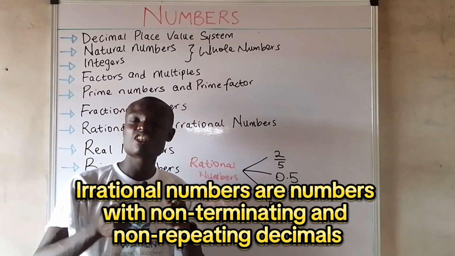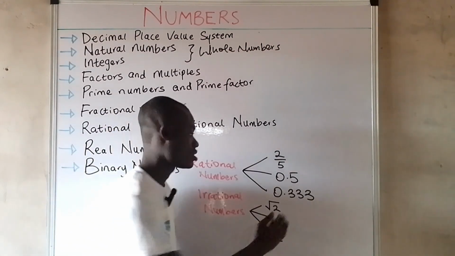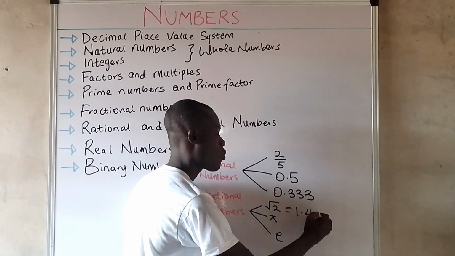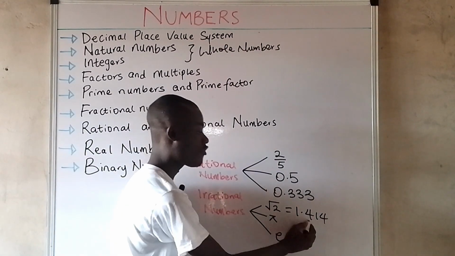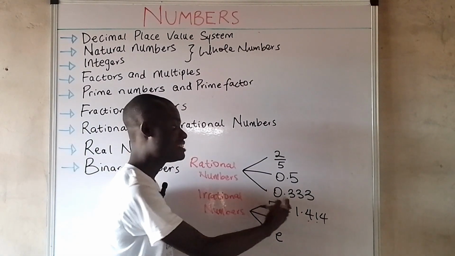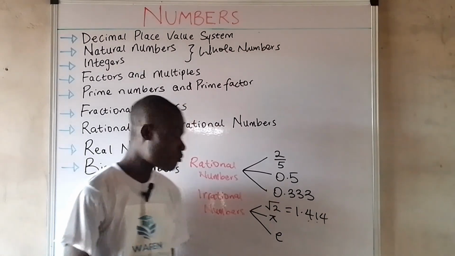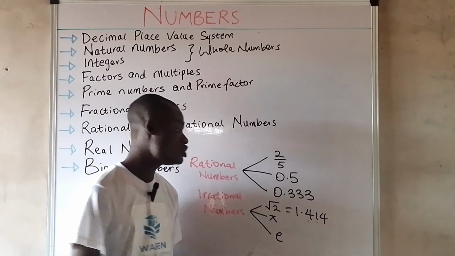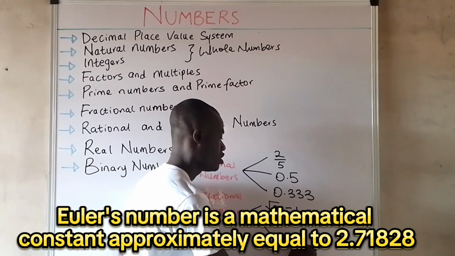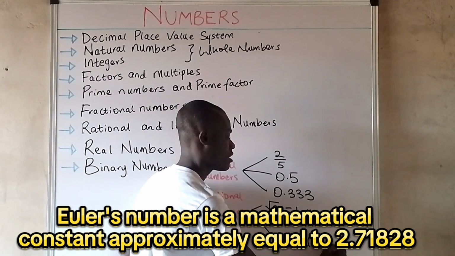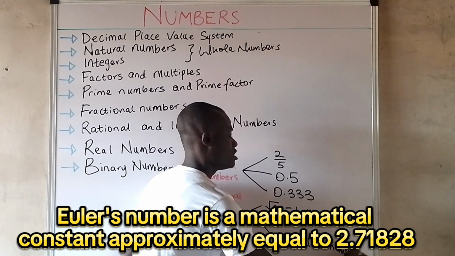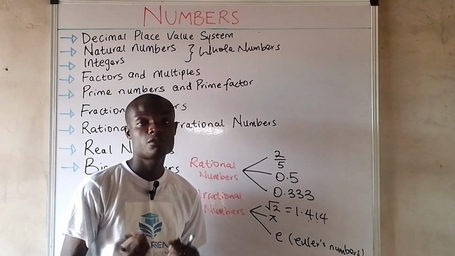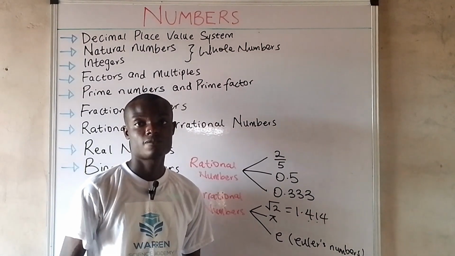You will see that the digits don't repeat themselves. 4 and 1 are not the same, unlike the 3s that are the same. Also, pi, which is often approximated as 22/7, is an irrational number. Then there is Euler's number. So this category of numbers, we call irrational numbers.